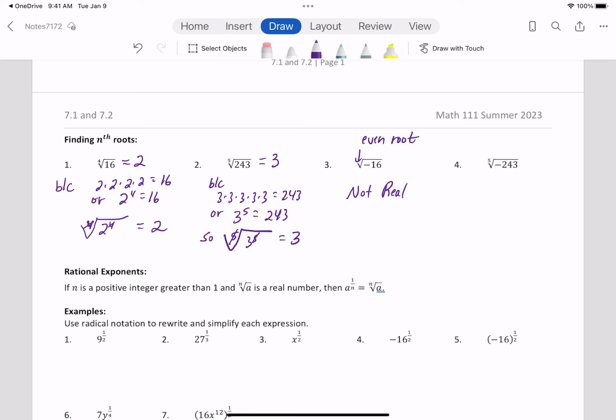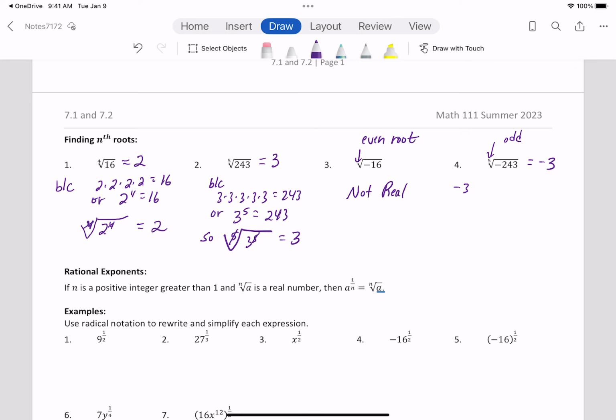While number 4, the index for this one is odd, so we will be able to do this one. And you can reference back to problem 2 that we just did. We already know that the fifth root of 243 is 3. So I bet you can figure that the fifth root of negative 243 is going to be negative 3.